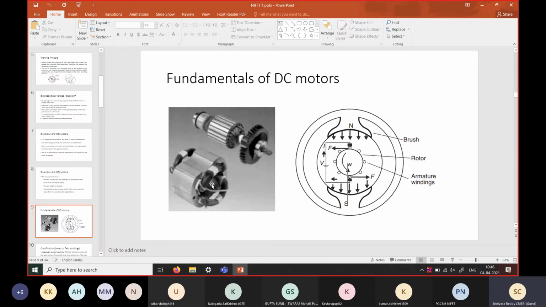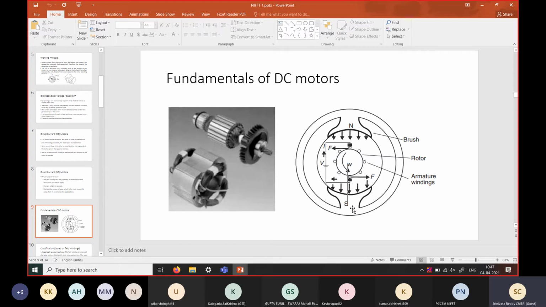There will be several coils arranged in a particular manner depending on the number of poles on the armature. In the second image you can see that there is one north pole on the top and one south pole in the bottom.